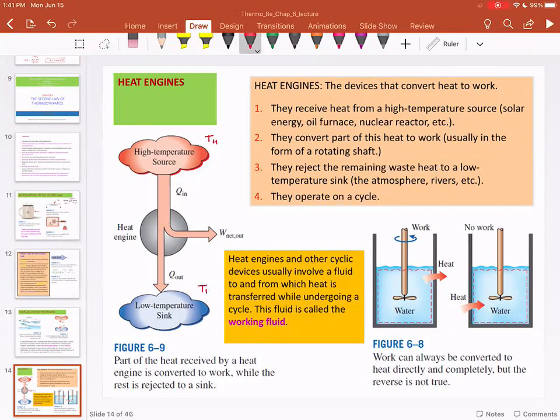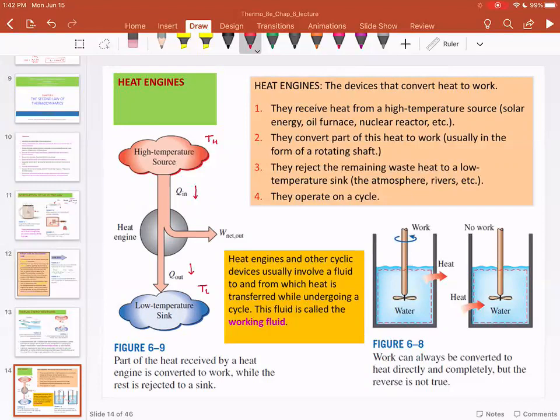So you have TH, you have TL, there is Q in that is coming to the engine, Q out that is coming out of the engine. Please note, heat engine does not store heat. It's not a battery. It only converts heat to work.